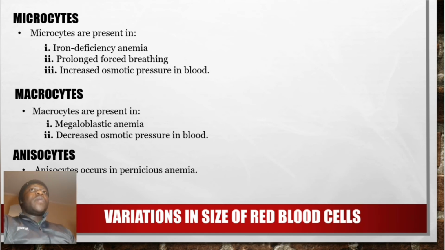If I remember, it's about 18%, right? So if there are more than 18% of cells with different sizes, that will be pathological. Less than that is physiological, right? And so on. But please make sure you check that concept because it might come in the MCQs about the size, right?